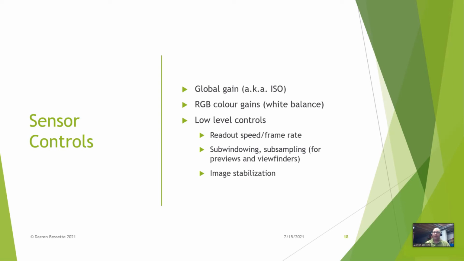You see the entire field of view, but you don't see every single pixel because that viewfinder doesn't have the same resolution as your sensor does. But it does provide a good representation of the overall scene, so you're able to see exactly what you want to see in your capture. So there are controls to define how and when you want to resize or reshape that image.